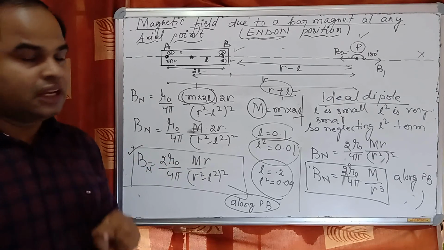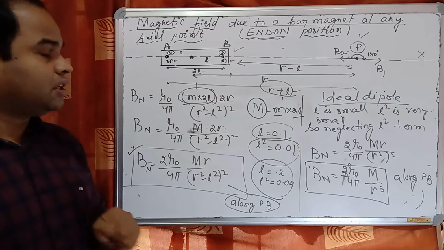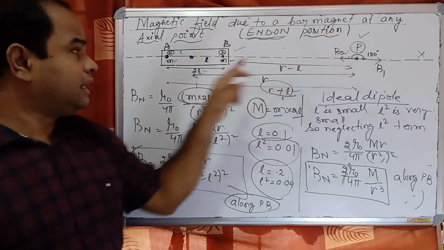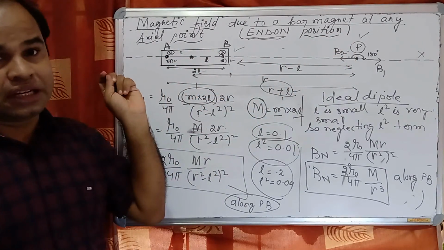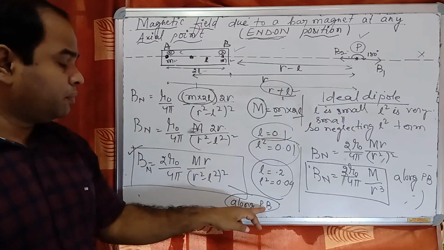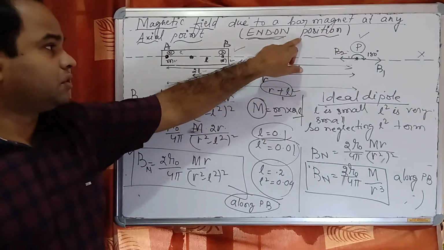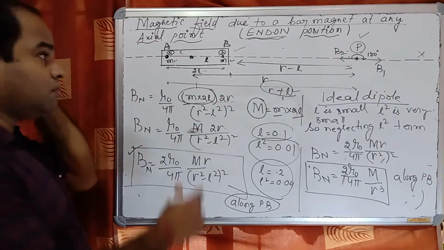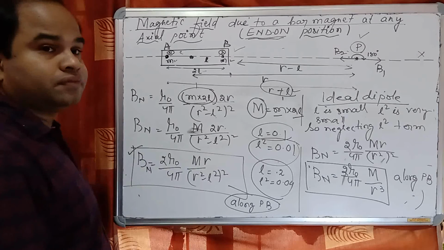And the direction is, if P is the point and AB is the magnet, along PB, that is from south to north.